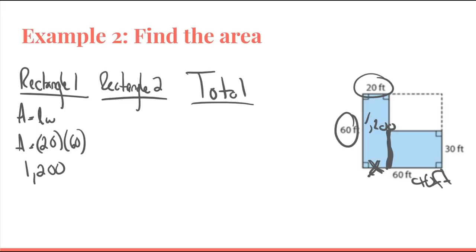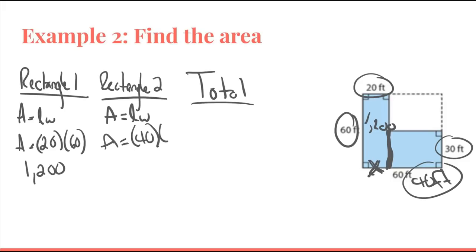Okay, so my area is still length times width. In this case now though I have 30 and 40, so I do 40 times 30. And 40 times 30 is also 1,200.